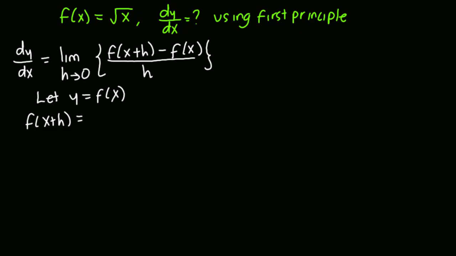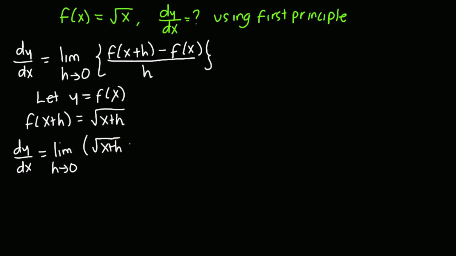F of x plus h becomes square root of x plus h, and therefore our dy/dx becomes limit as h approaches 0 of f of x plus h, which is square root of x plus h, minus f of x, which is square root of x, all divided by h.